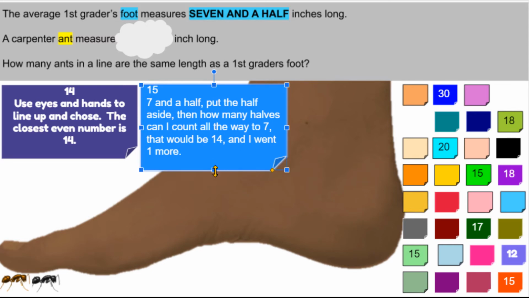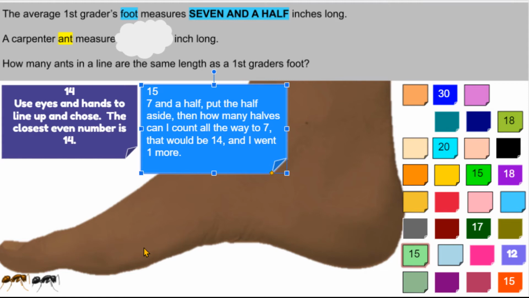So we have two different ways on here. We have Raha's way in purple, where she kind of lined some things up and used imagery. We have Lily's way of kind of putting that half aside. What I'm going to ask is if your way was very similar to either Raha's or Lily's, that you move your little text box underneath whosever's, that yours was like, yeah, mine was just like that.